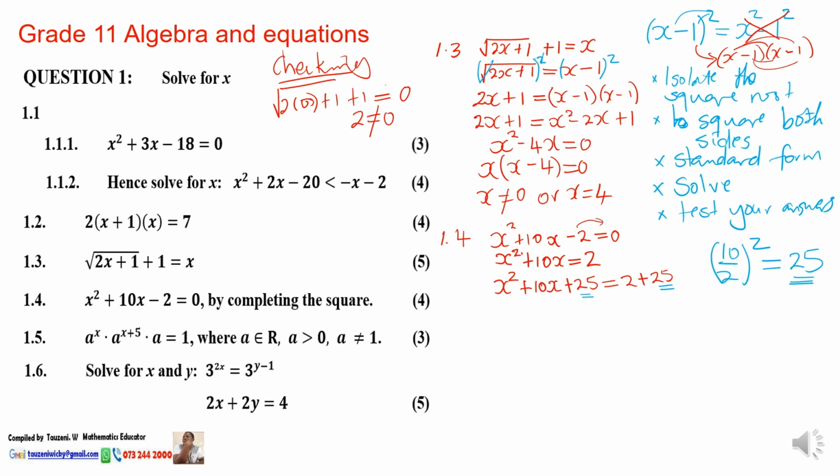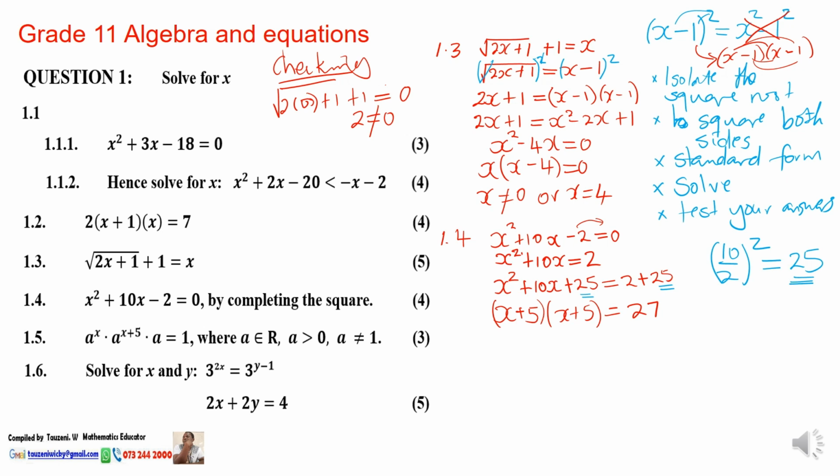The moment you do that, the left-hand side of your equation becomes a square that you can factorize into two brackets. So this is the same as x plus 5, factor of x plus 5. And then on the right-hand side, we're simply adding 25 plus 2 to get 27.